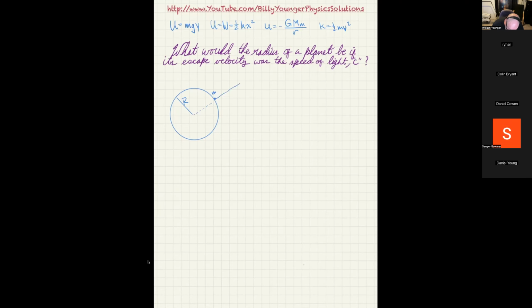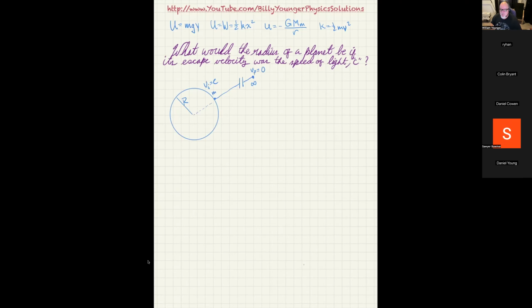And what we're going to imagine is it takes off with such a large speed, v initial equals c, such that it goes infinitely far away, and then just as it reaches infinity, the final velocity is zero.